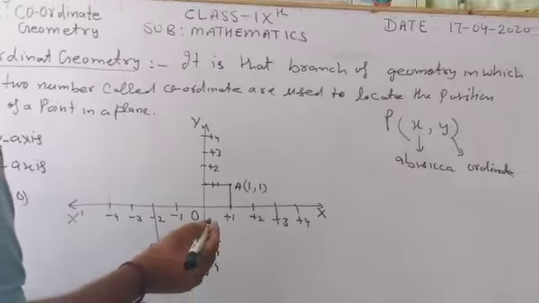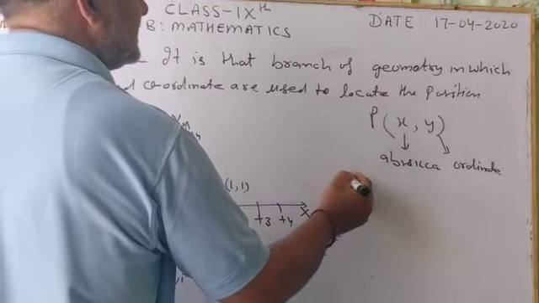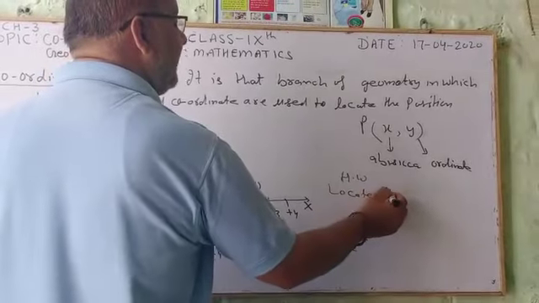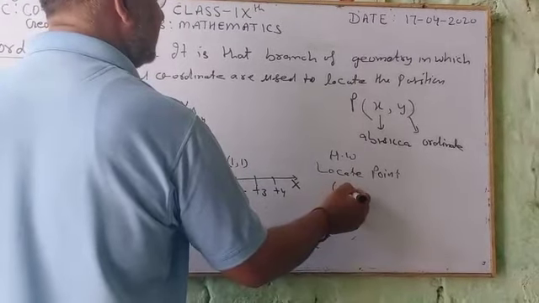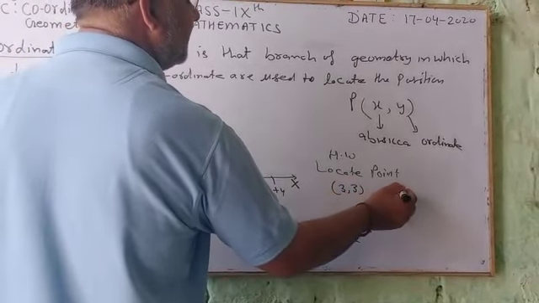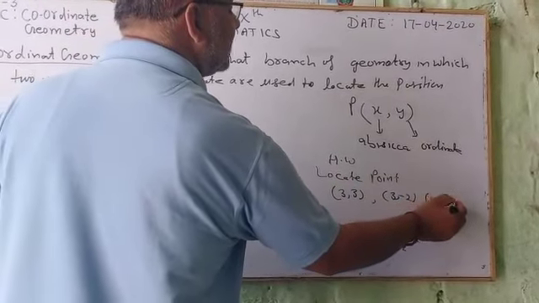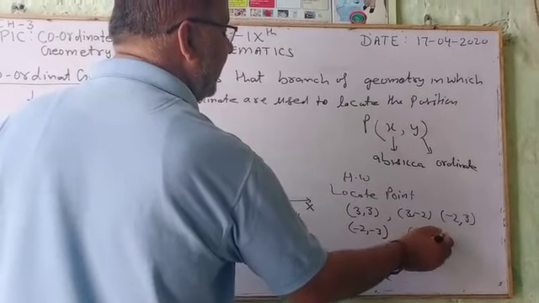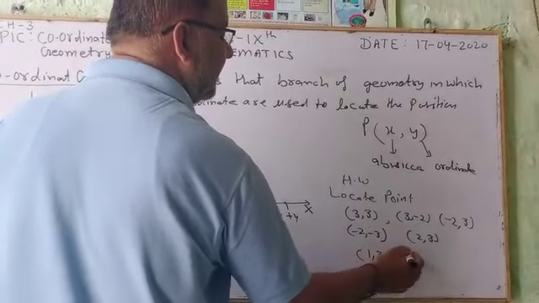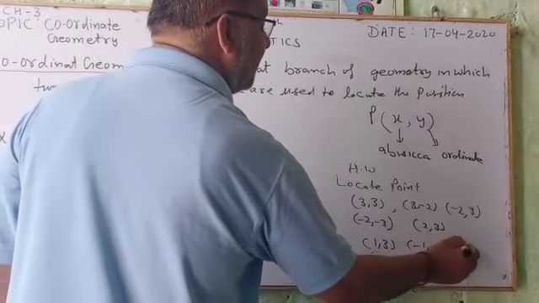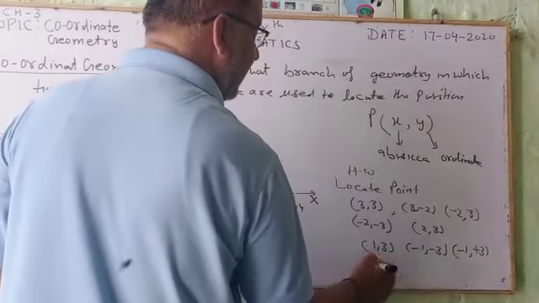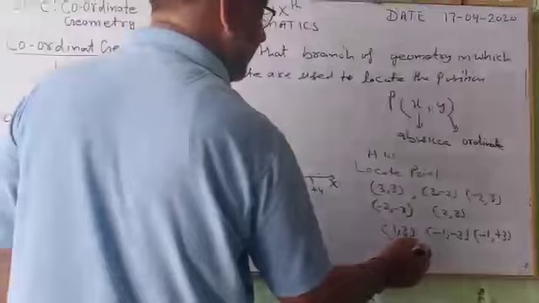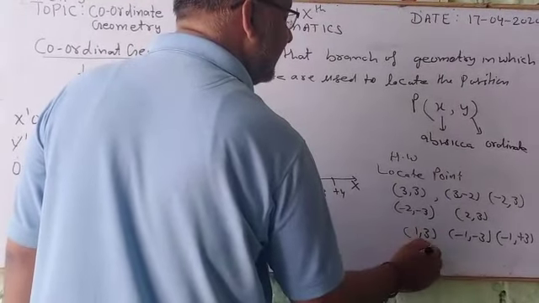So students, try taking points, that is your homework. For your homework, you locate the points (3, 3), (3, -2), (-2, 3), (-2, -3), (2, 3), (1, 3), (-1, -3), (-1, 3) and (1, -3).